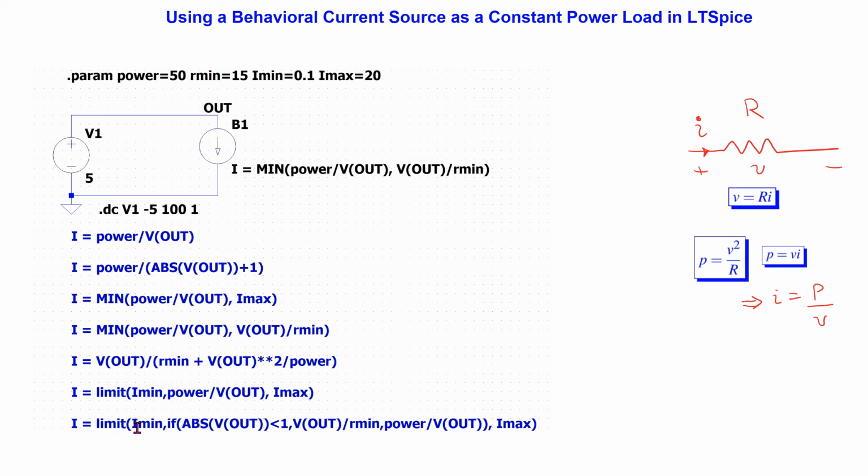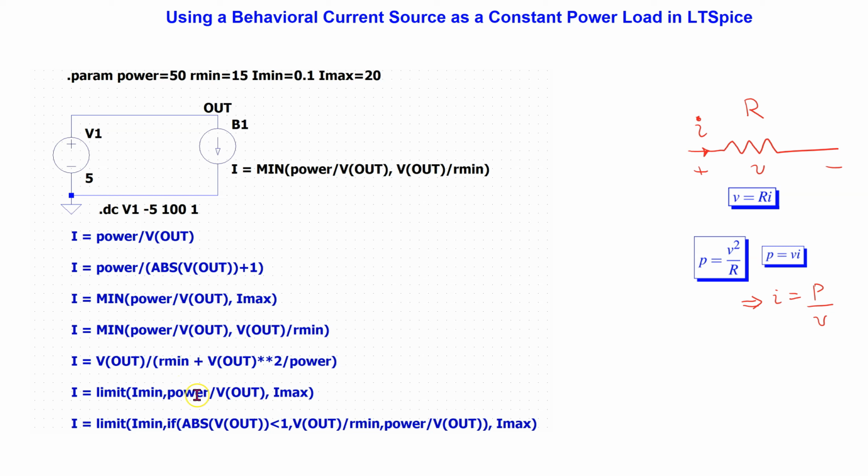This statement defines a B source which behaves like a constant power load as long as the current drawn is within a practical defined limit. Finally, this last statement defines a B source which can act as a constant resistor if the voltage is less than 1, or a constant power load, or a constant current load if the current drawn exceeds I max.